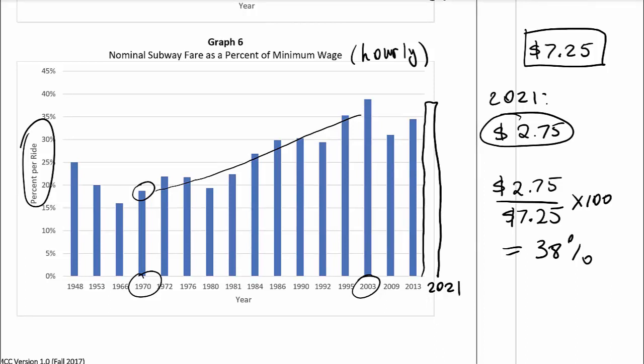but as a percent of the minimum wage, that subway ride has gone up. And here you can argue that people who were earning minimum wage were spending 38% of their hourly wage of working 1 hour in order to use the train each way. So if you think about this, going to work and back, that will almost be 80%. So it's like the hour that you work is the cost for you to commute.